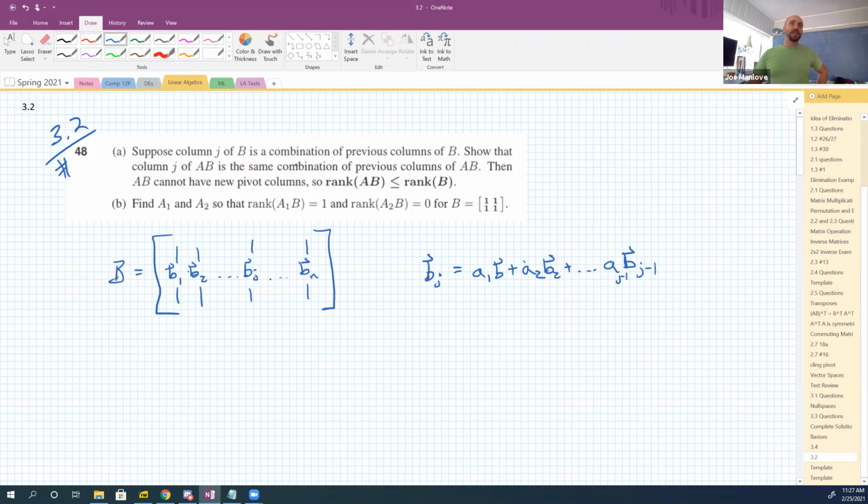In saying that this is a combination, they mean that not all of the A1 through A(J minus 1) equal 0. You guys see why they can't all be 0?